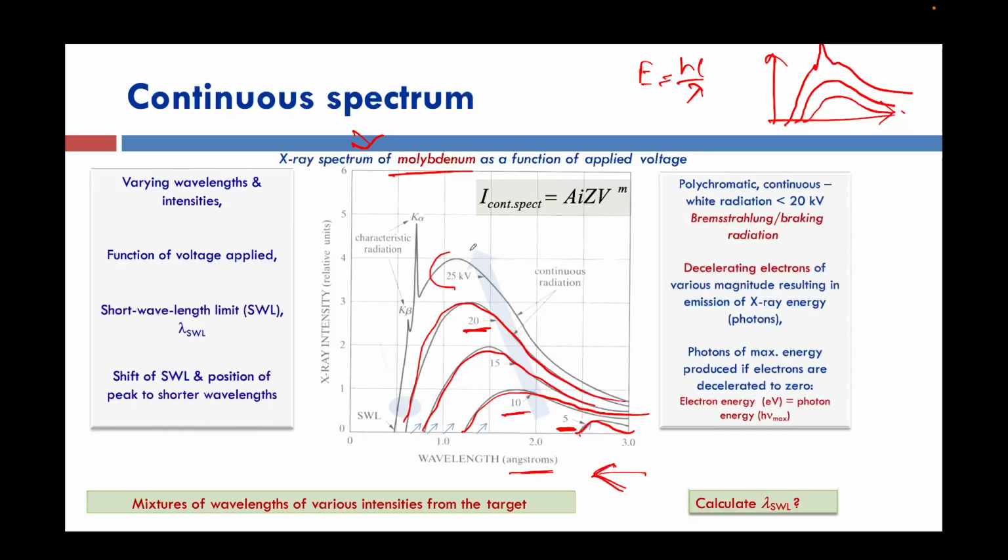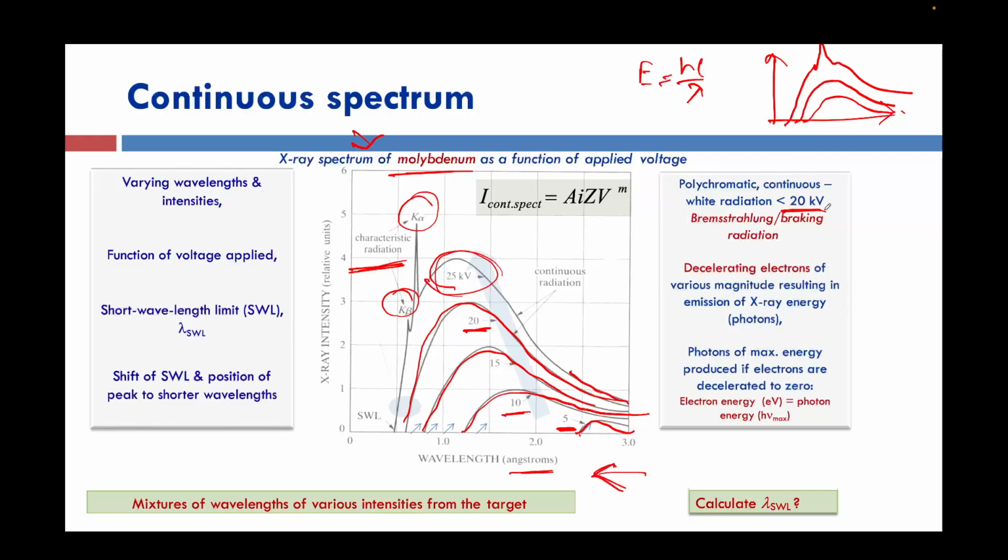But when I apply 25 kilovolt of potential, I get continuous radiation, but simultaneously I get two sharp peaks named K alpha and K beta, and these sharp peaks are known as characteristic radiation. So up to 20 kilovolt I am not getting any characteristic radiation.